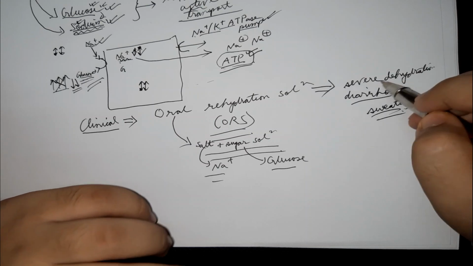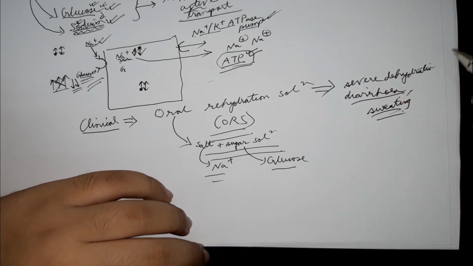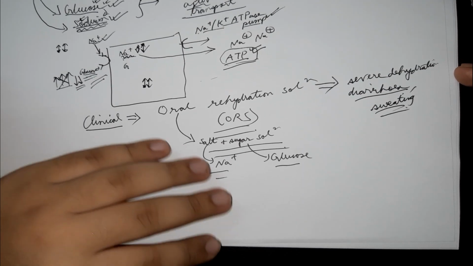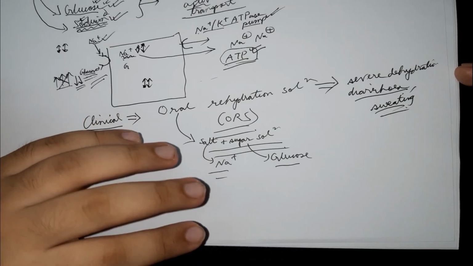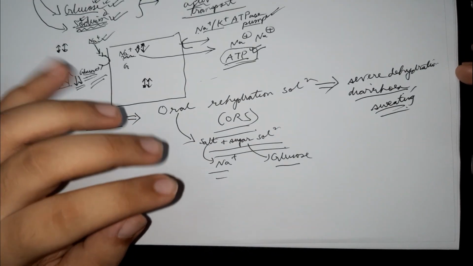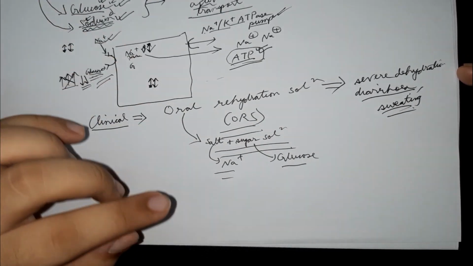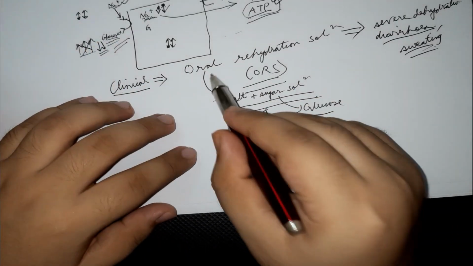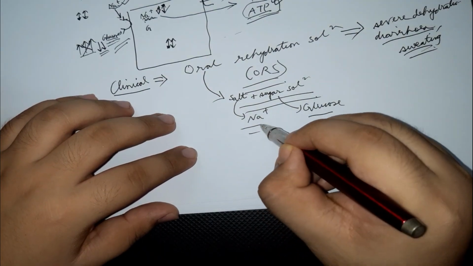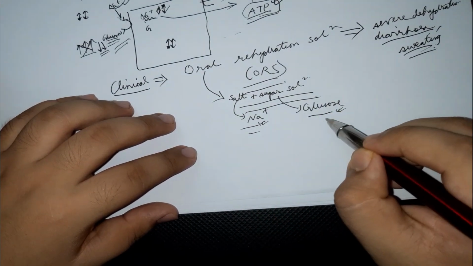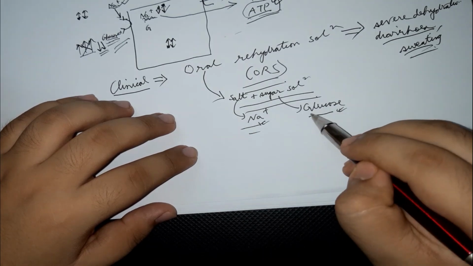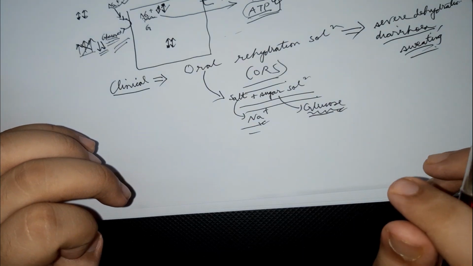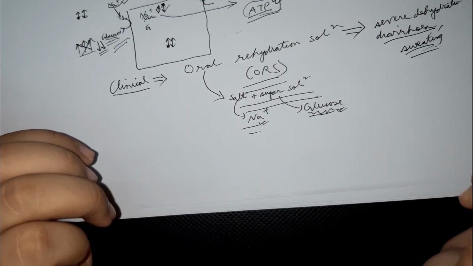Due to severe dehydration, sodium concentration of the body goes down, which is not at all desirable, because it's, I'm even tempted to say, fatal, because sodium is that important in our body. So ORS contains both sodium and glucose. Our body will obviously try to absorb glucose, because glucose is that important for the body.